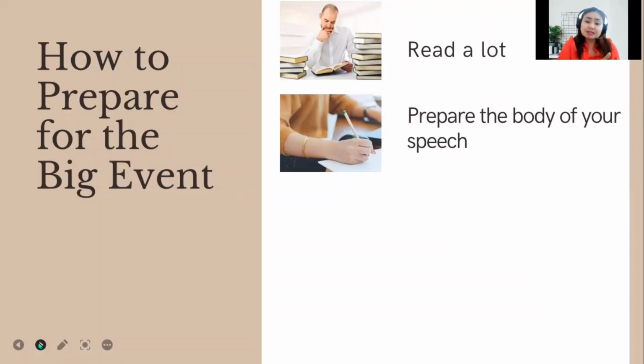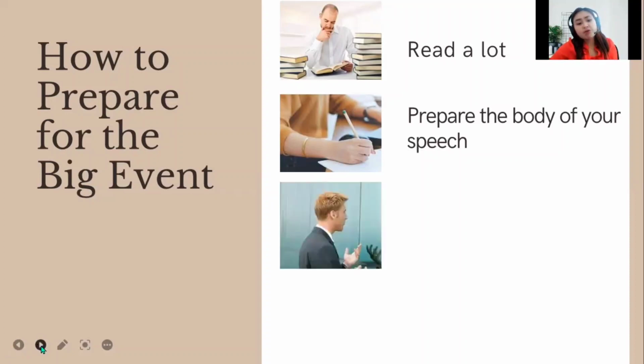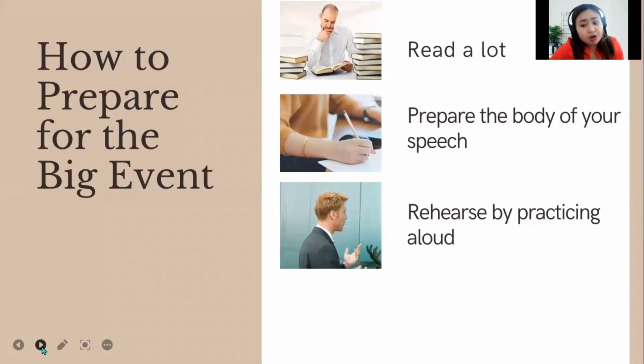In our previous lesson, we also already talked about how we can write introductions that are powerful enough to magnetize your listeners' attention. So you incorporate those tips that we talked about last time. Okay, also you have to rehearse by practicing aloud.